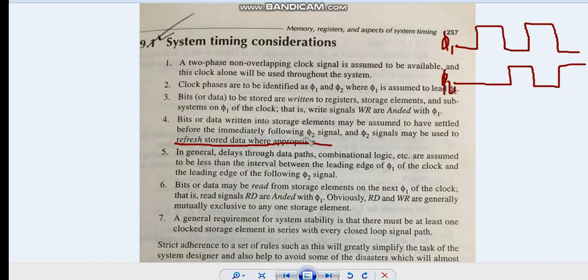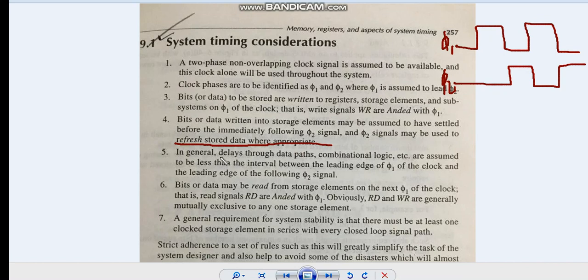So phi 1 is used to write the data and phi 2 is used to refresh the stored data, and there goes a delay.